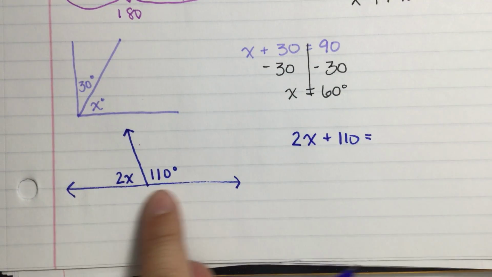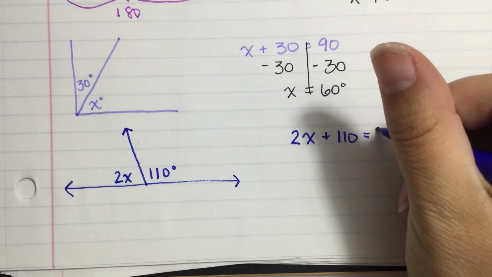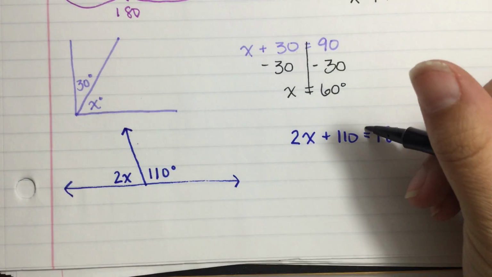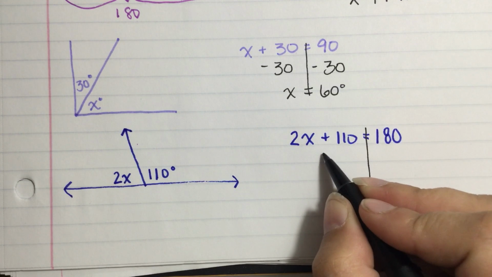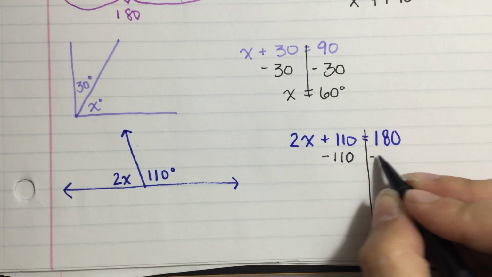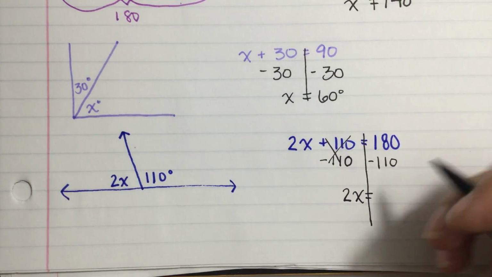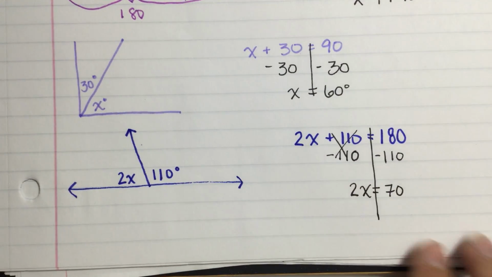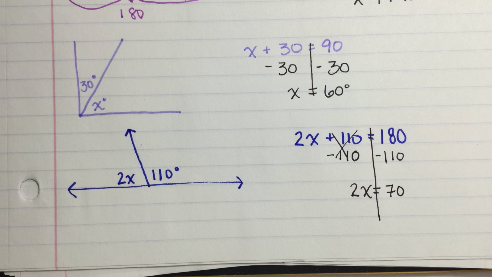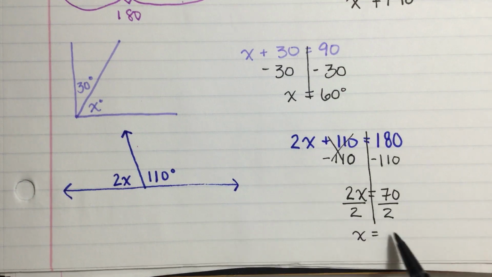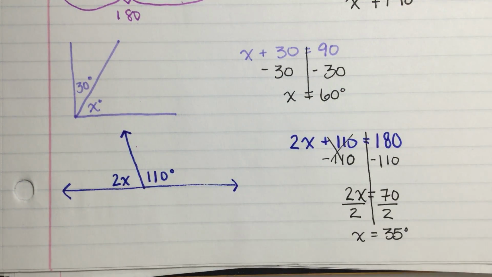And since this is supplementary, that's a straight line, it's going to be 180. And I'm going to solve. So I draw my line. To get rid of positive 110, I'm going to subtract. I'm left with 2x equals 70. And from there I need to divide. So I'm left with x equals 35 degrees. Next week we'll talk about actually finding this angle. For right now, we're only looking for x.